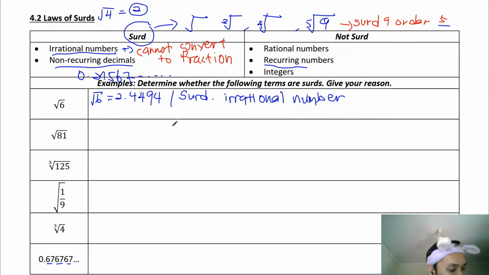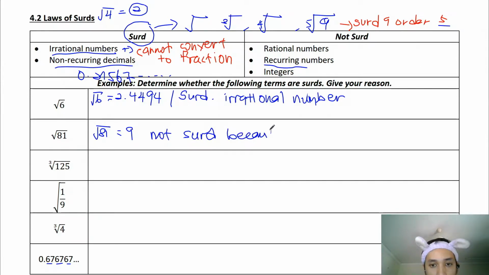What about Surd 81? If you press Surd 81, you will get 9. So this one is not a Surd because the final answer is an integer.